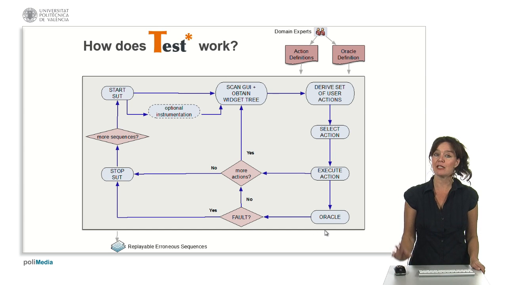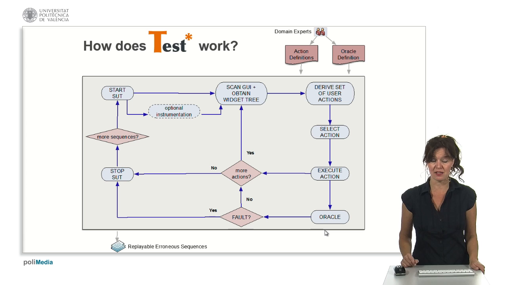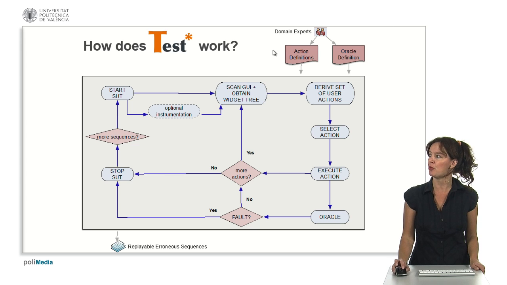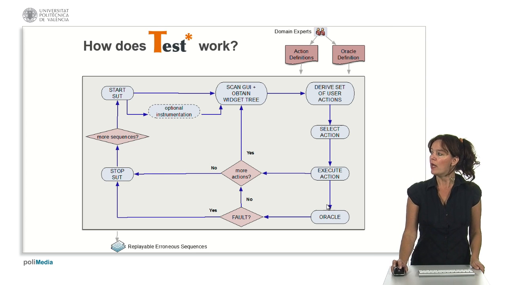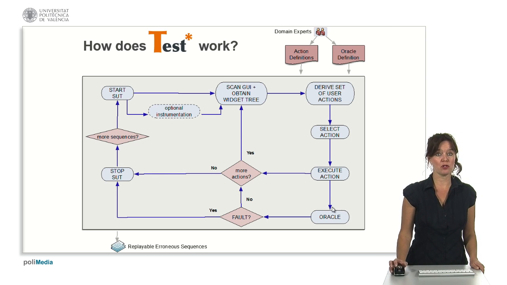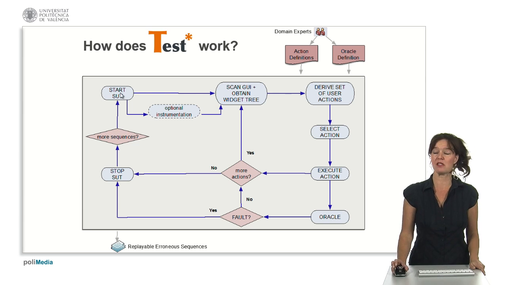Later on we will see what types of oracles Testar already has by default, and any other oracle the user needs to program. We see this input here on top where we need the domain experts, mainly the testers, that program them. So if one of these oracles has found some error, then we stop the execution of the system under test, and if we want to do more tests, we start it up again and go on testing.